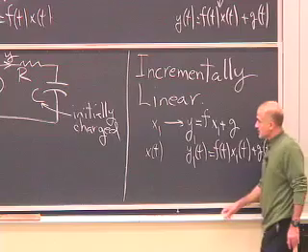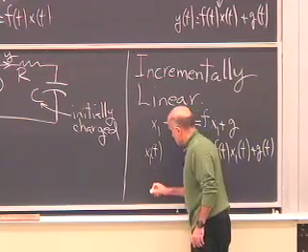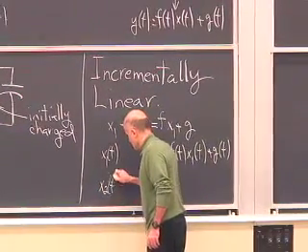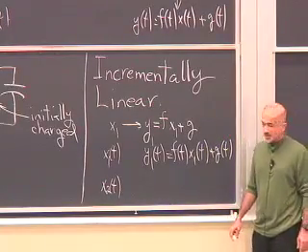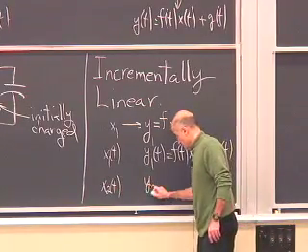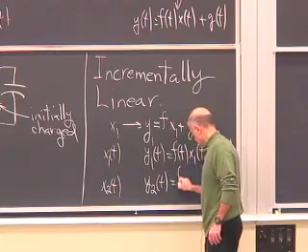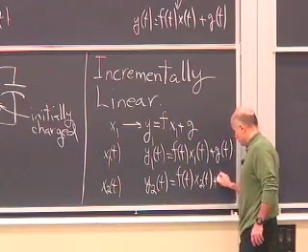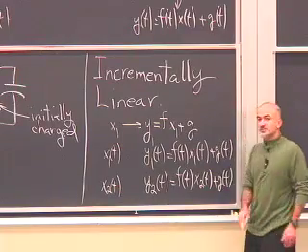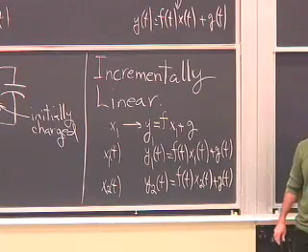Okay? Now, suppose instead of x1, I apply another input. I call it x2. The corresponding response will be f of t x2 of t plus g of t. Okay?